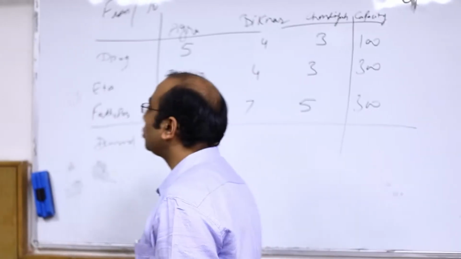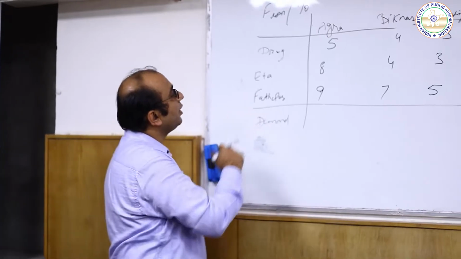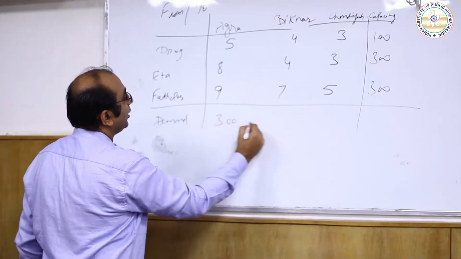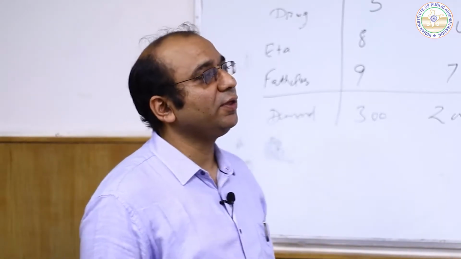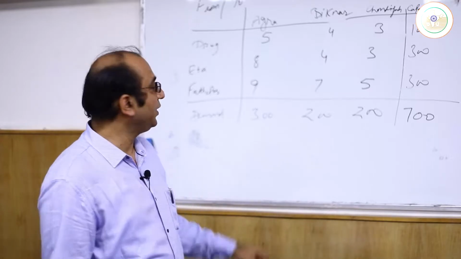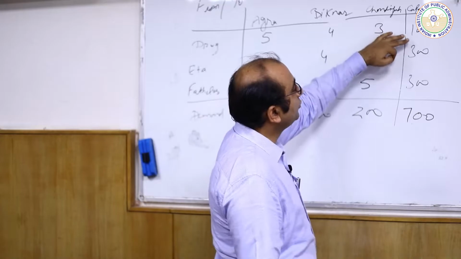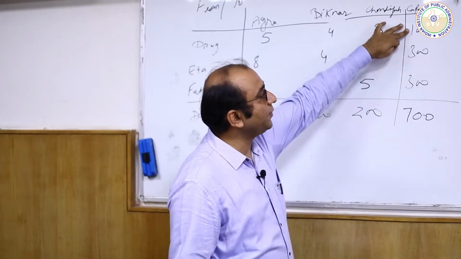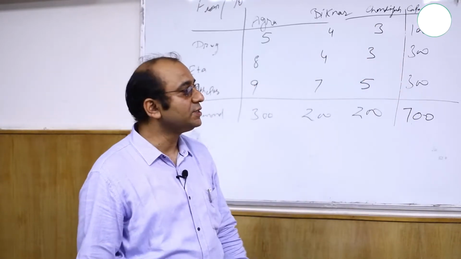So, this is the total capacity available for us, and the demand for Agra, which we discussed already, is 300, then 200 and again 200. What we have to check now is that total demand should equal total capacity. That means 300 plus 200 plus 200, that is 700, and the same way the total supply, or capacity, is 100 plus 300, 400, plus 300, that is 700.